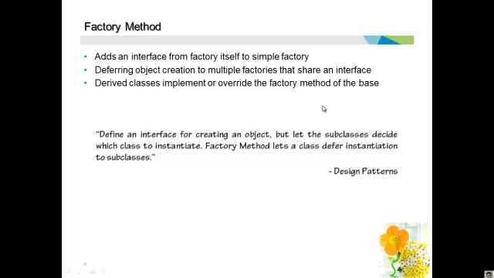There are many variants. In such a case, we might end up having multiple factory methods. So if you create a Honda City car factory, it is specialized in creating different variants of Honda City cars.